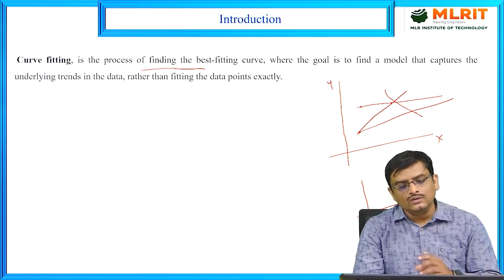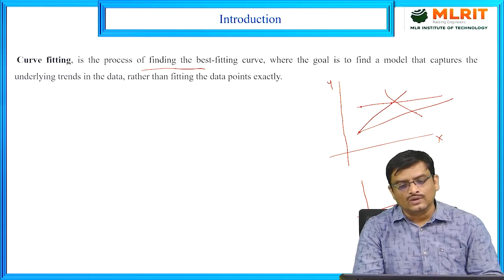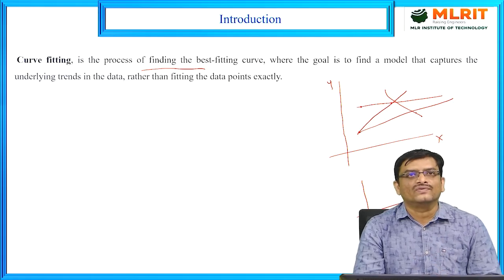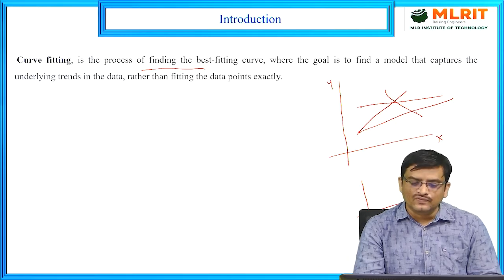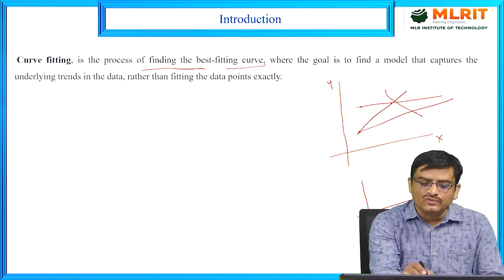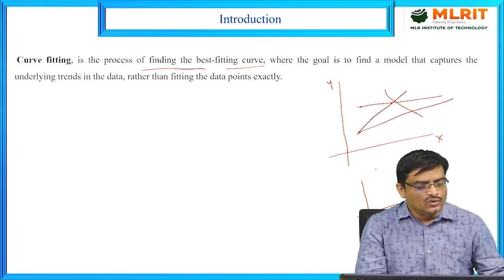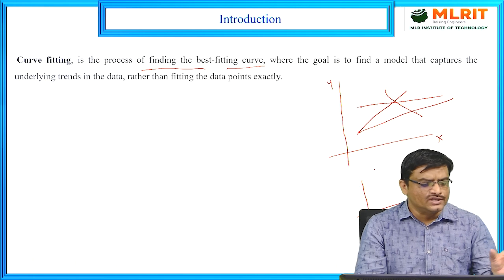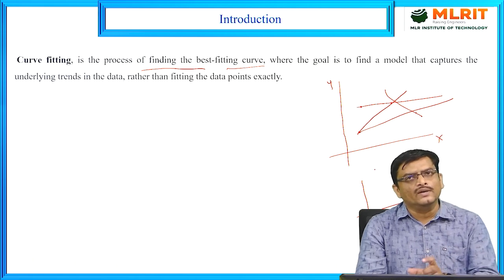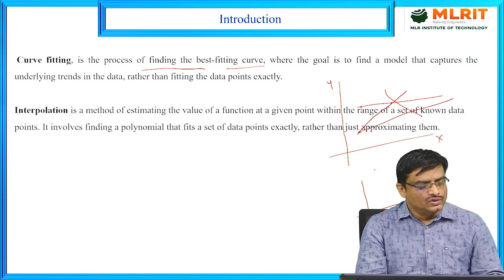So in order to select a best straight line from the set of straight lines, we have to use the concept of curve fitting. So curve fitting is a process of finding a best curve which is suitable for the given data. We can also find this equation, the relationship between the dependent variable and independent variable, by using the interpolation concept.